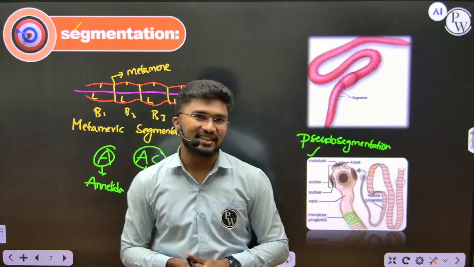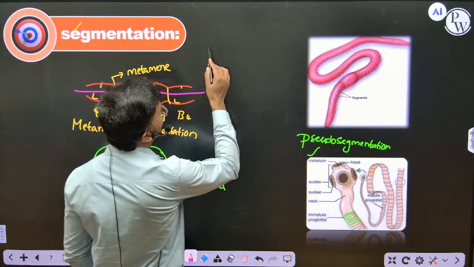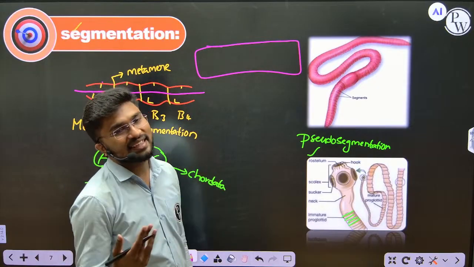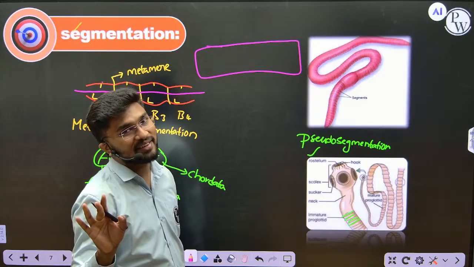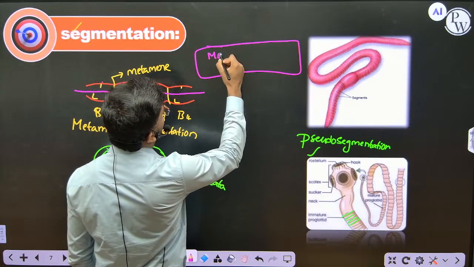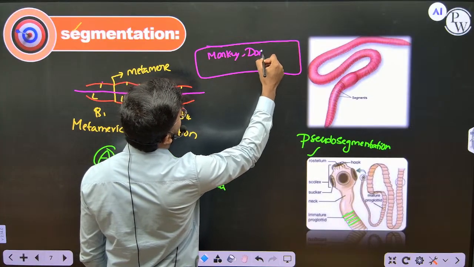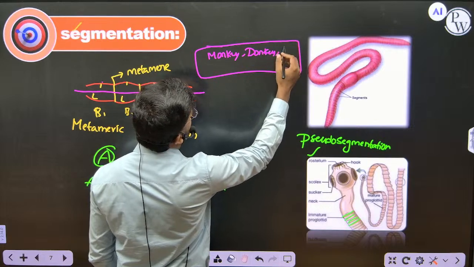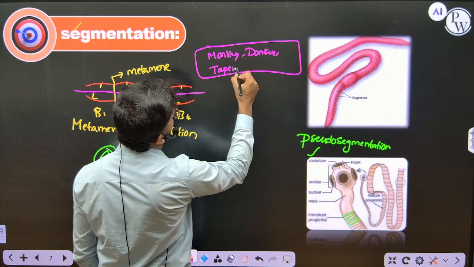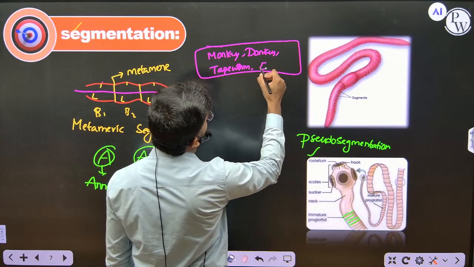It is very easy. But in the examination, they will give a type of question where one box will be given. In that they will give different names; phylum names won't be given. They will give examples like monkey, donkey, tapeworm, and next one is earthworm.